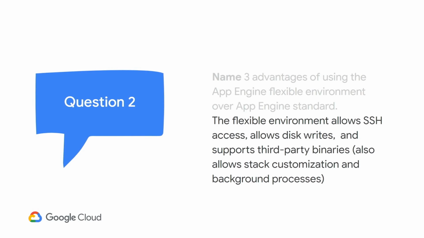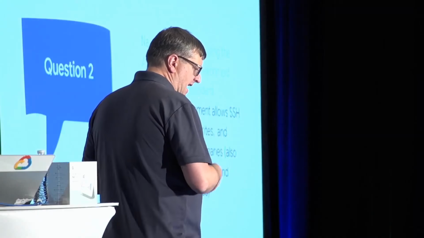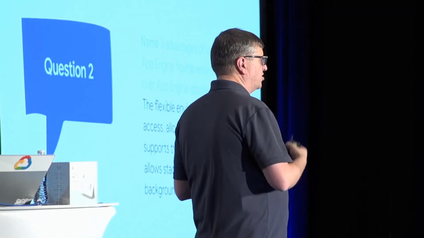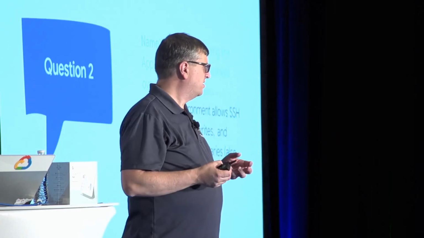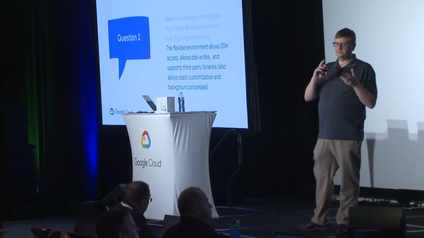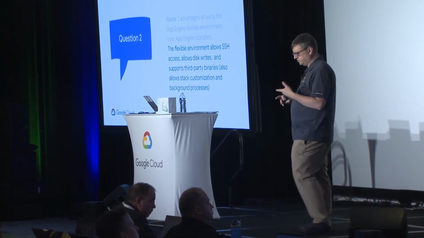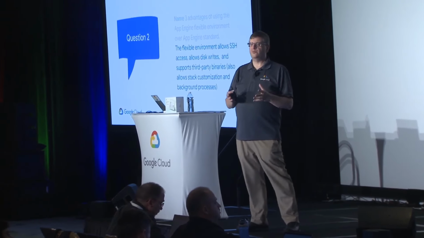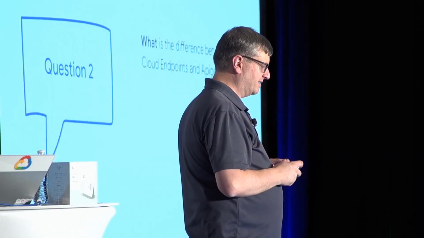They can do disk writes because you're actually running on a node that you control. It's not on a generic platform out there. And then some integration running, because you can really run any code base. So you're not limited to just what App Engine Standard does, which was Python, PHP, Go, and Java. Here, anything you can put in a container can be deployed on App Engine Flex.